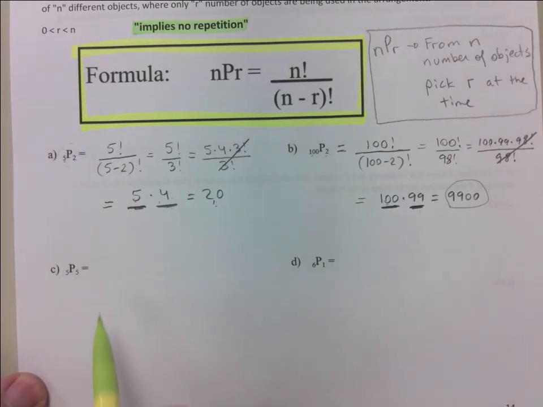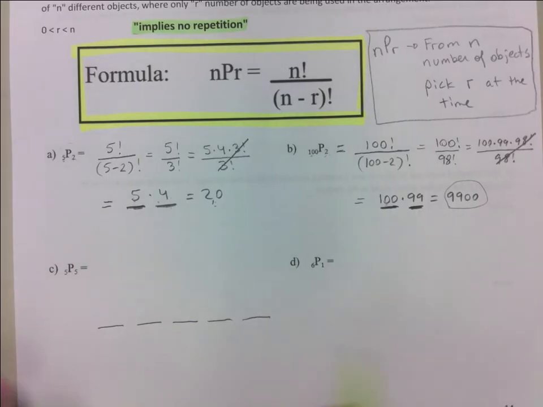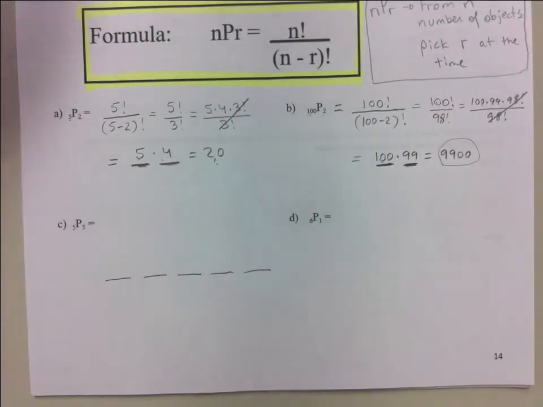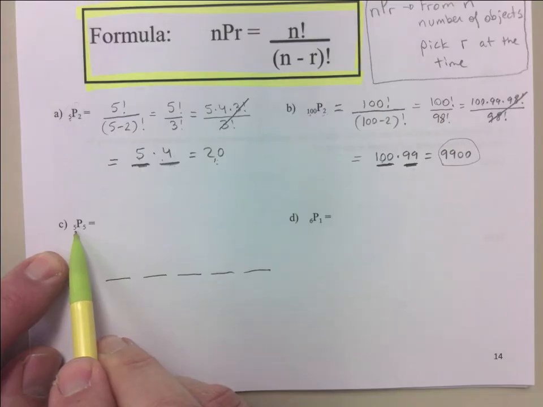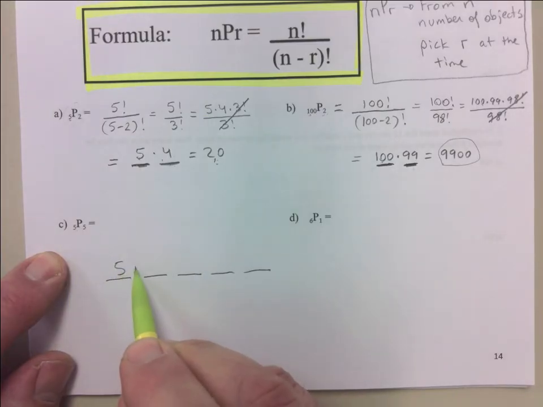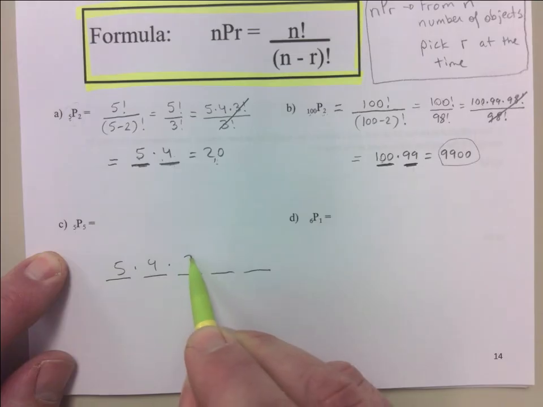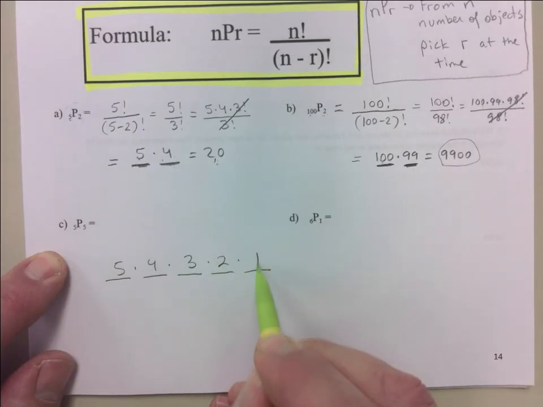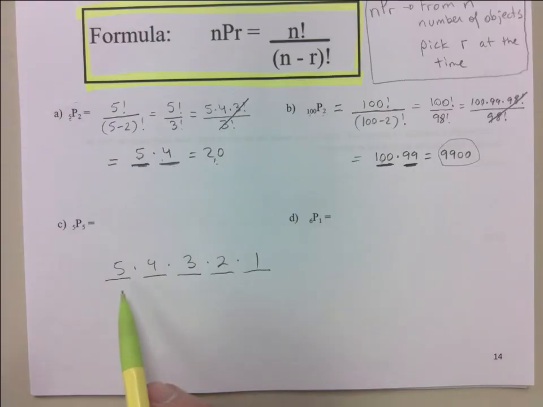5 pick 5. Can you just tell me how many are we picking? So we'll have 5 slots to fill, correct? What are we going to start with? 5 and then 4 and then 3, 2, 1. This would be a scenario where you have a word with 5 letters. How many words can you create with those 5? You're using all slots.